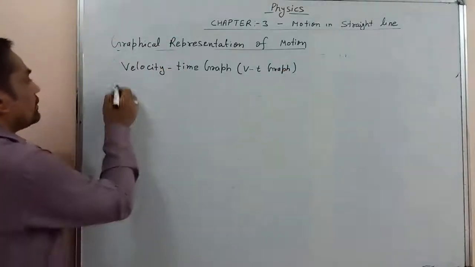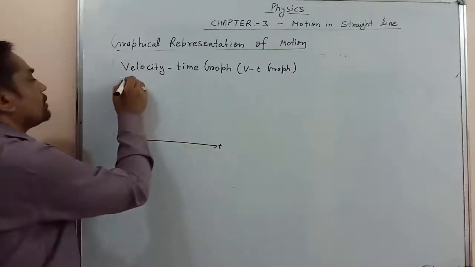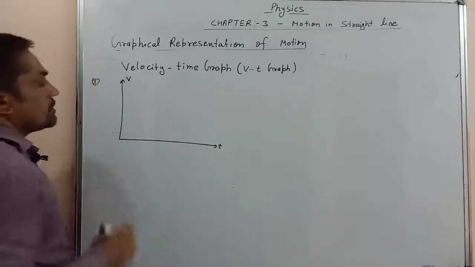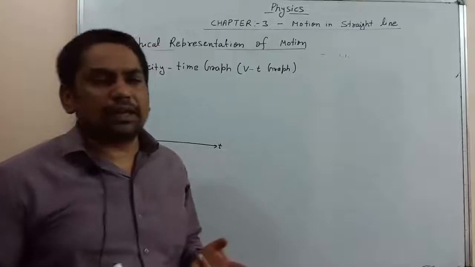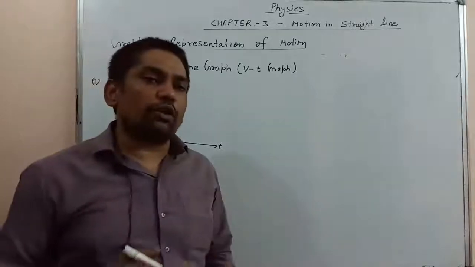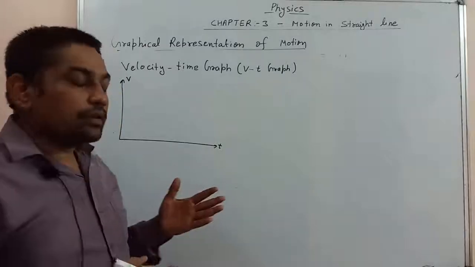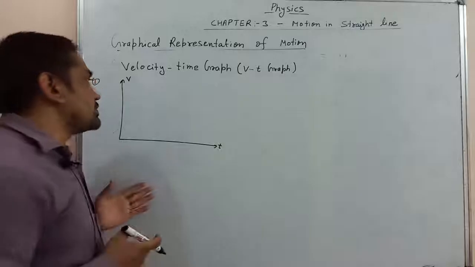In a VT graph, we take time on the x-axis and velocity on the y-axis. We relate these two quantities for the motion of an object in a straight line, and show the relation between velocity and time of an object.